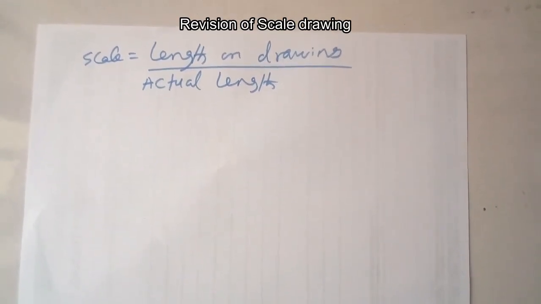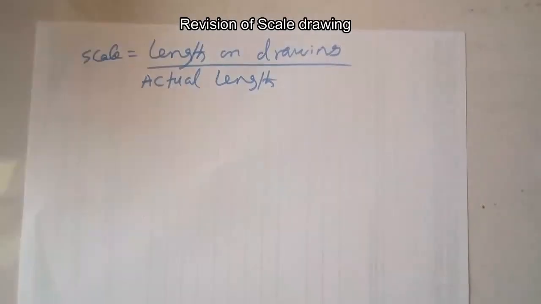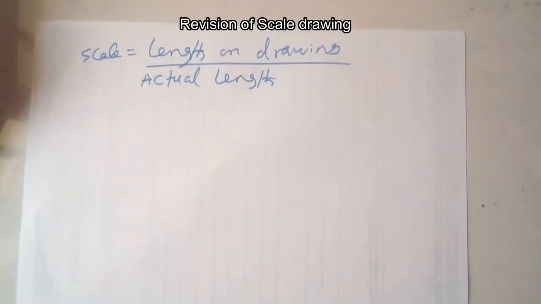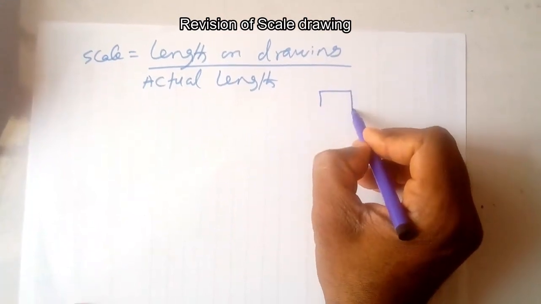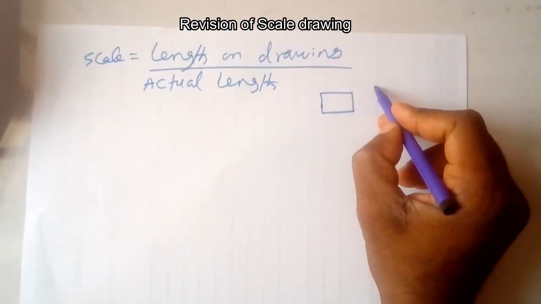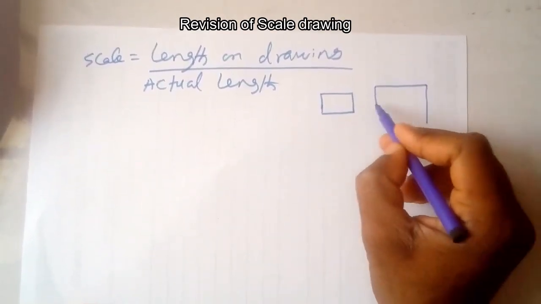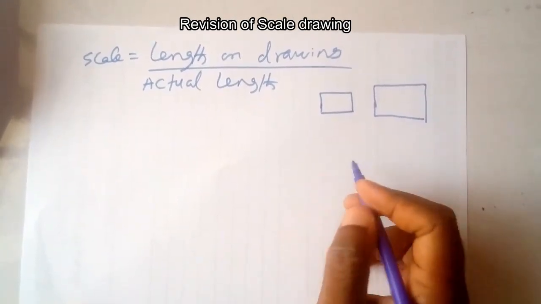Remember, if you have congruent shapes like triangles or rectangles, we can easily get the scale. Let's say you have this rectangle, and you have another corresponding rectangle.